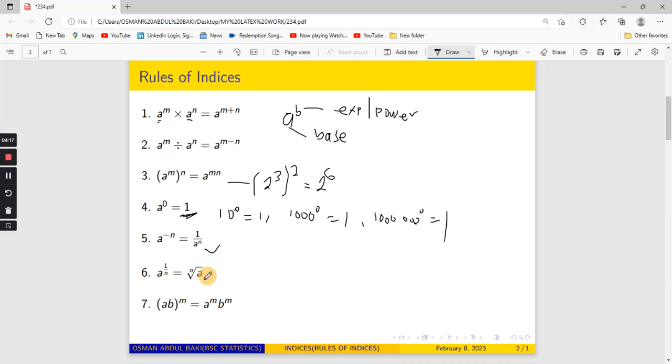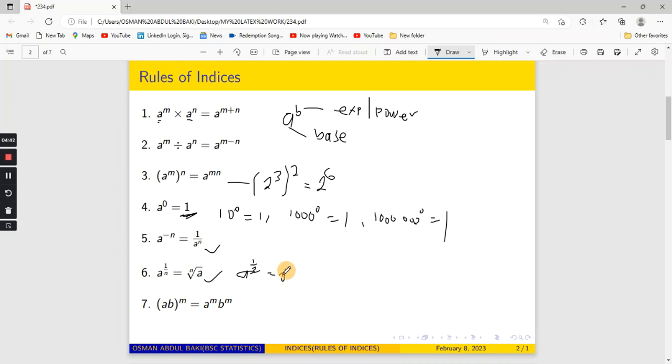And here, the sixth property. The sixth property is a raised to the power 1 over n. So this is the nth root. The n indicates the root we will have. So if we have a raised to the power 1 over 2, that is the square root.